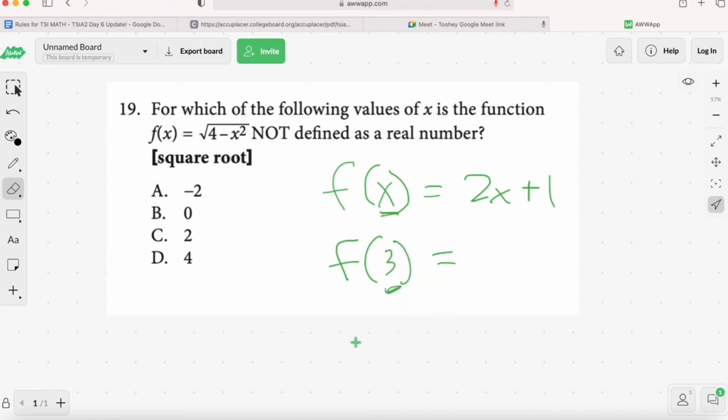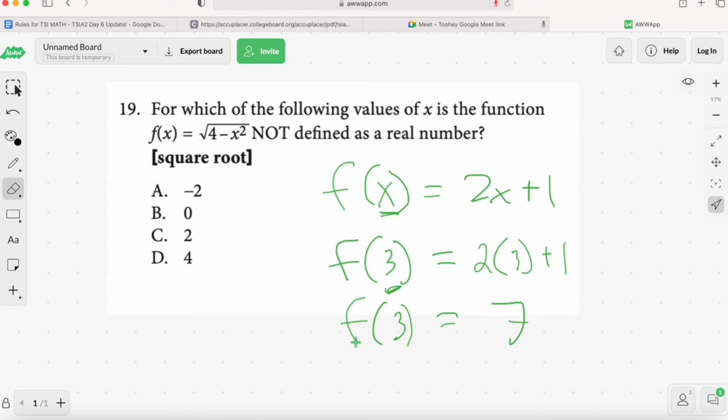So f of 3 is 2 times 3 plus 1. You could say f of 3 equals 7. Or you could say when your input is 3, your output is 7. That's all. Does that make some sense? Yeah, I got it. Same thing here. So we've got 4 possible values for x in the answer choices, and we're just going to plug those into the function. That's it.